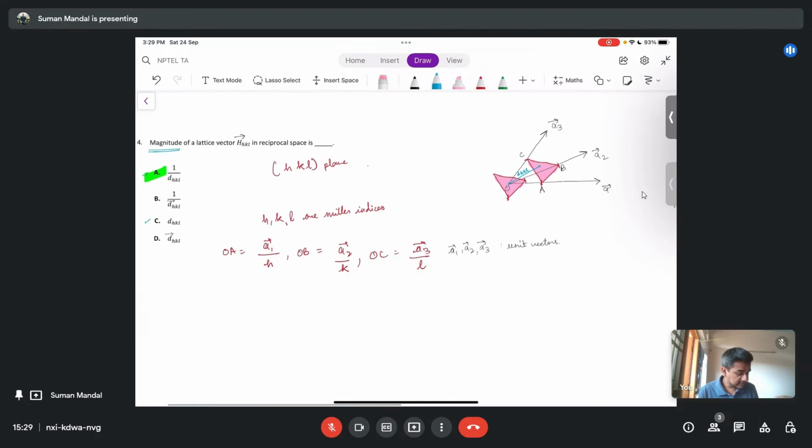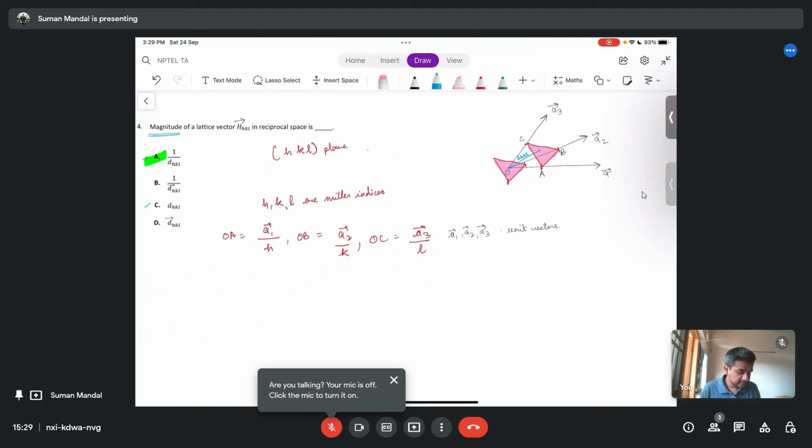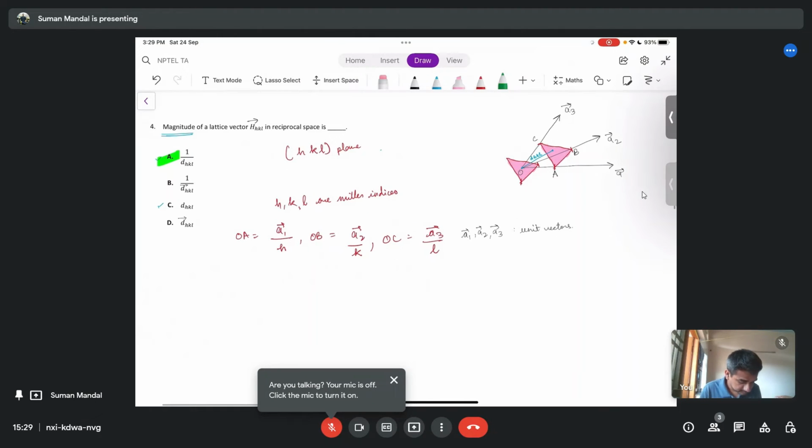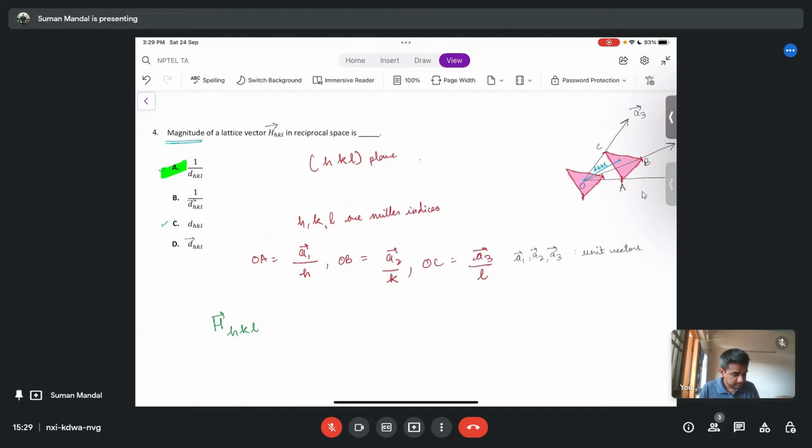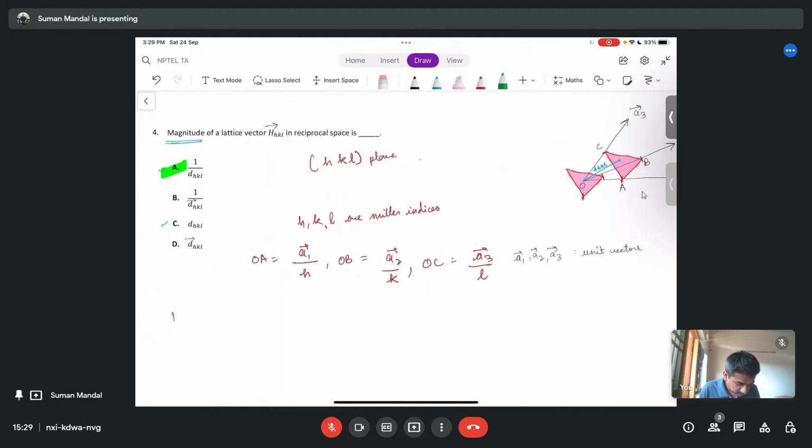Now coming to the H bar HKL. So it is a reciprocal lattice vector.